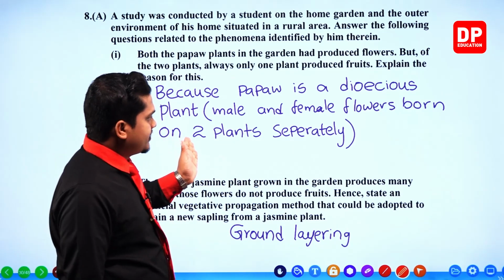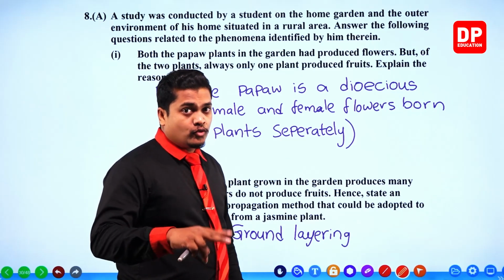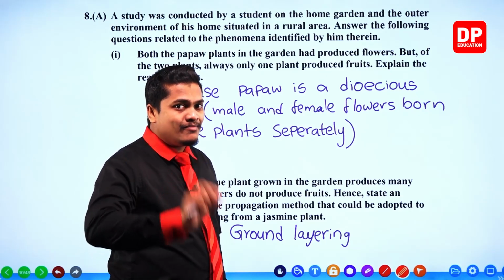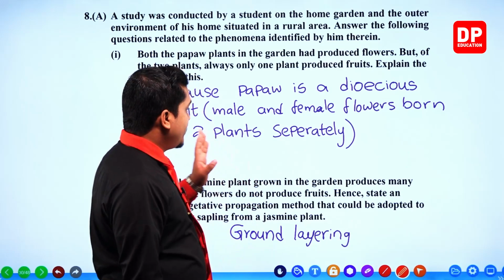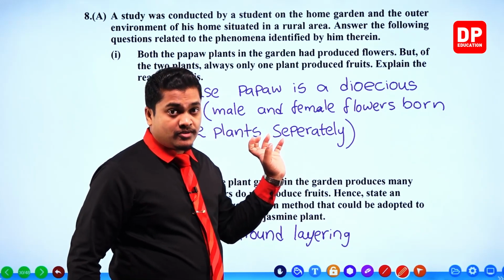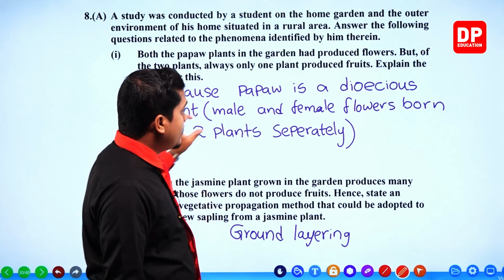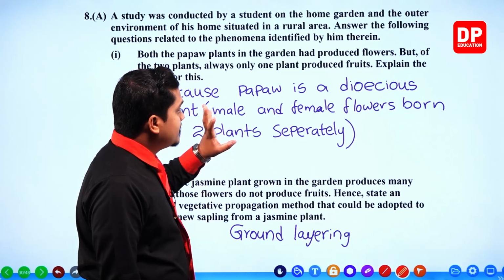Why, when you take two pepper plants, does one plant produce fruit and the other doesn't? It's because pepper is a dioecious plant. Therefore, my dear children, one plant produces female flowers and the other produces male flowers.